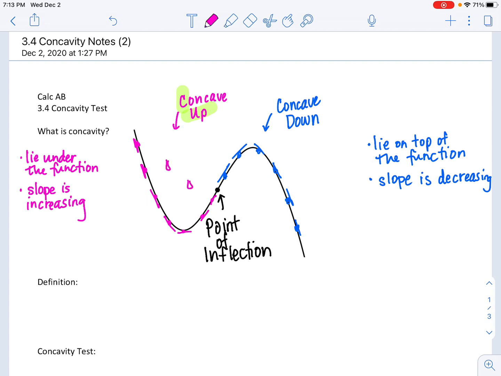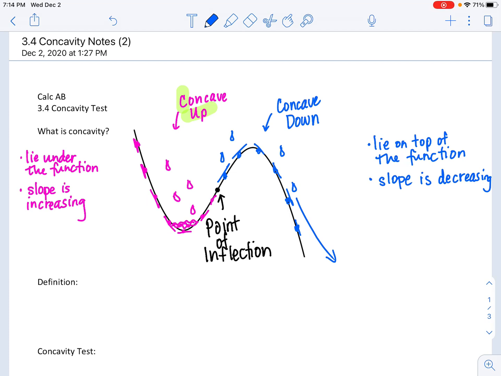If you were to take little droplets of water with an eyedropper onto this function, they would all pool here in the bottom of that curve. But on the other side, if you were to drop them here, whoosh, they'd go sliding off the function. Neither aspect of that graph would hold the water. So that's what concavity is.